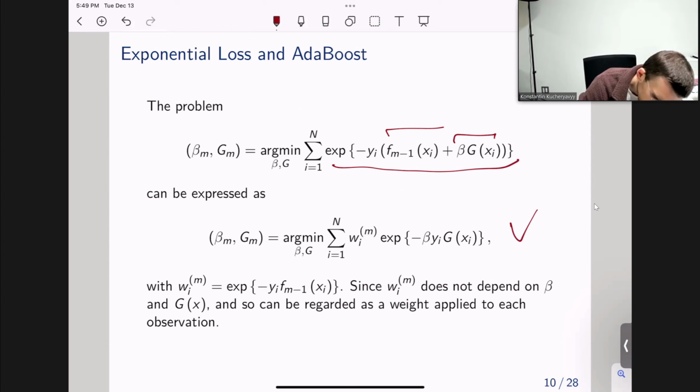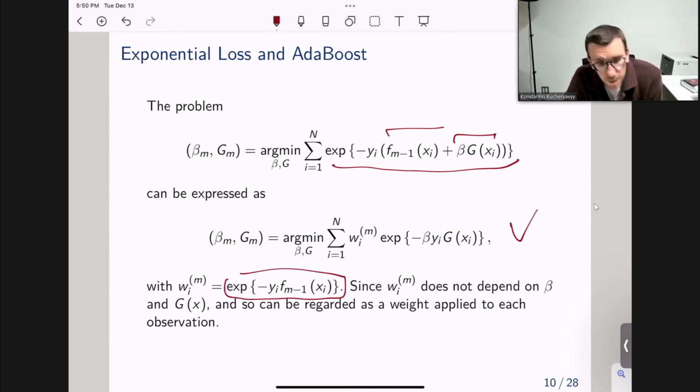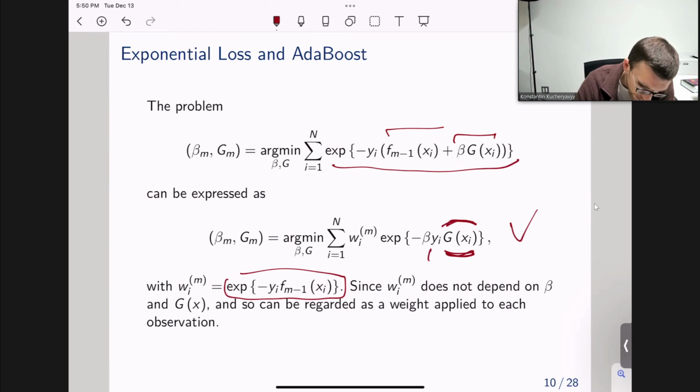We denote this part by W_i^(m), and this part doesn't depend on the classifier at the current step. And we want to find G. Y_i and X_i are the data, and we want to find beta and G.